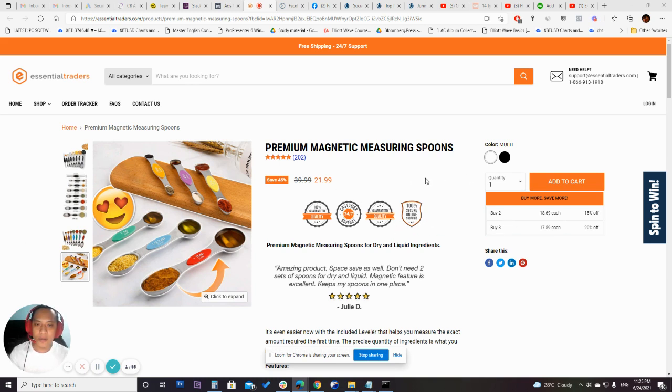And we also created an option here to get a much higher AOV. This is a measuring spoon that you can acquire at $21.99, and this one has a $12 margin.